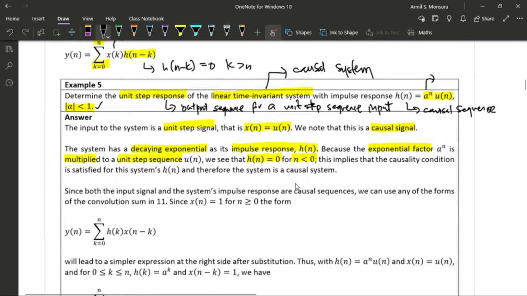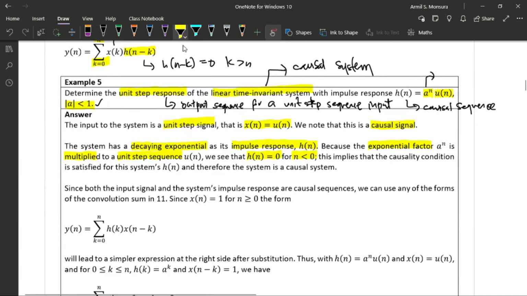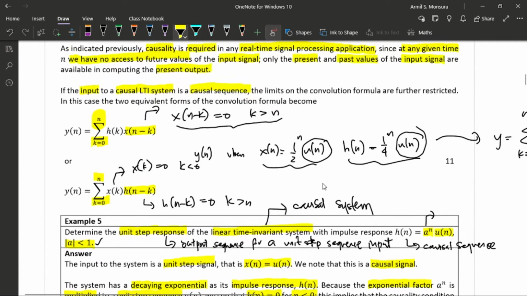Now since both the input sequence and the system's impulse response are causal sequences, ito yung pinag-uusapan natin dito sa equation 11 ninyo.